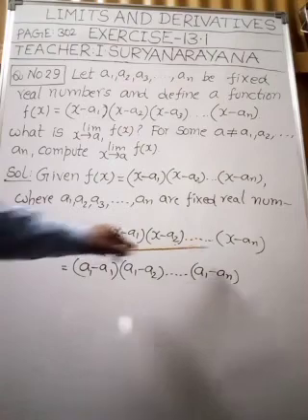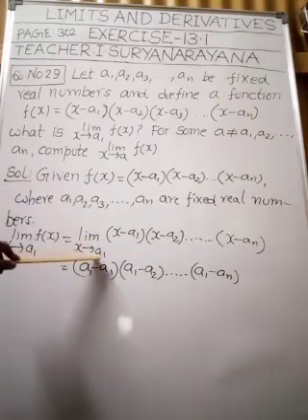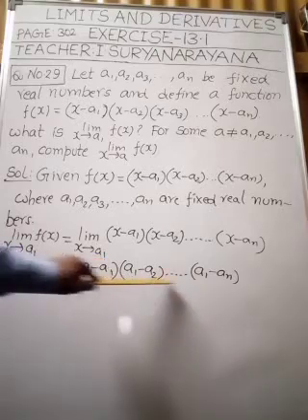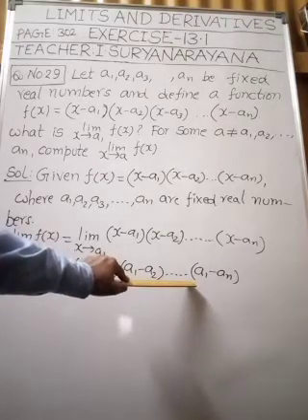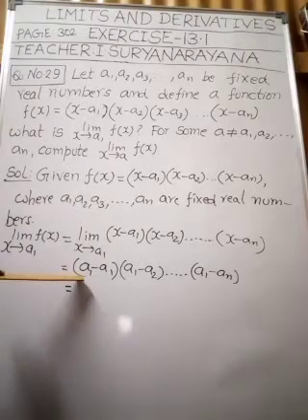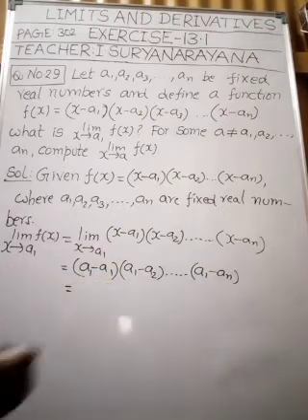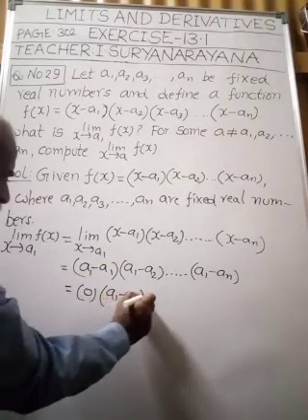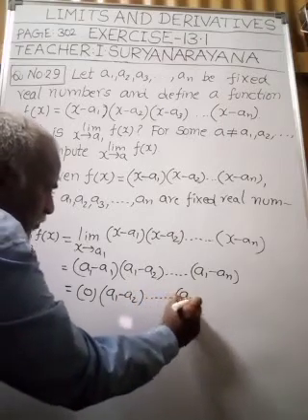In this function, I substituted x is equal to a1 because x is approaching a1. Then we get to this step. Understood this step, my children? Right. That is equal to, in this first two brackets, what will you get? a1 minus a1? 0. So 0 into a1 minus a2 and so on into a1 minus an.